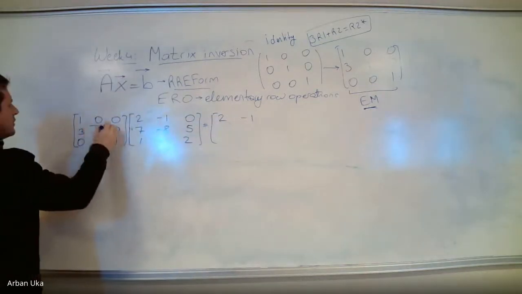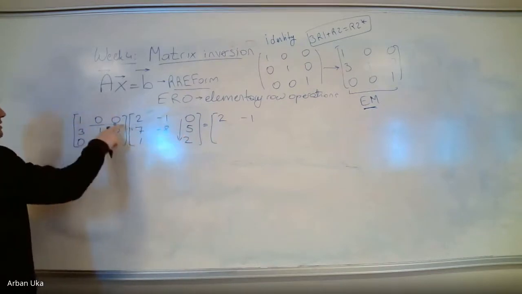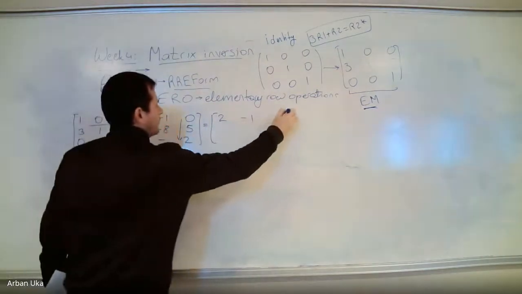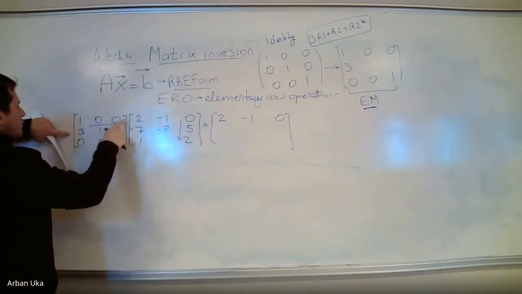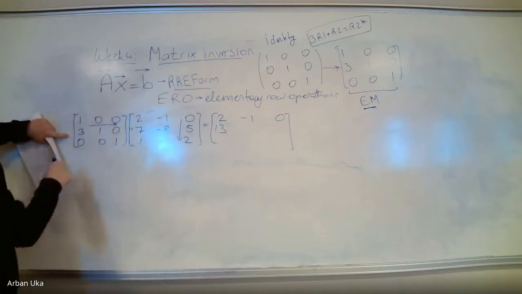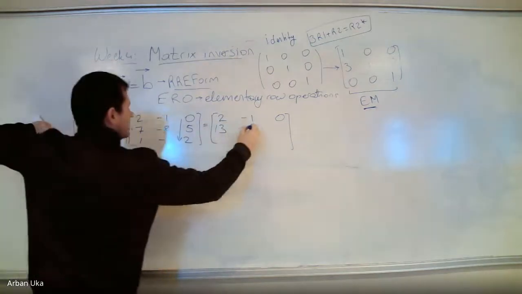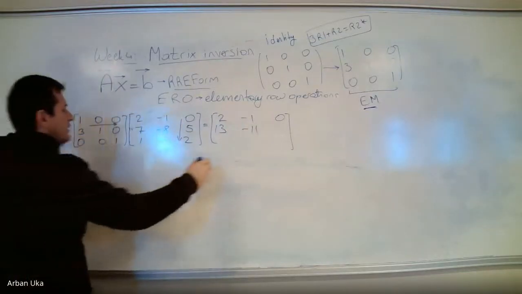Multiplying this row with this column, we get 0. Then we have 3 times 2, 6, plus 7, 13. Then we get minus 3, minus 8, minus 11. And then we get 5.